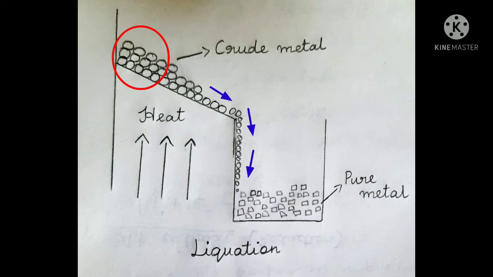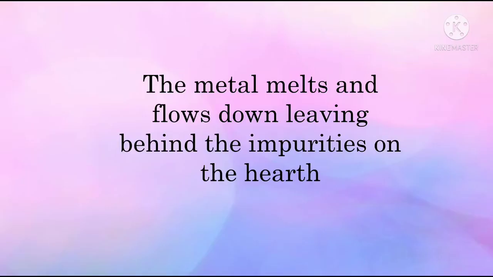Only the metal melts and flows down, leaving behind the impurities on the hearth itself. So this refining technique can be used for refining metals such as bismuth, tin, lead, mercury, etc.